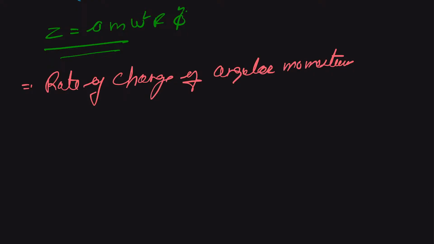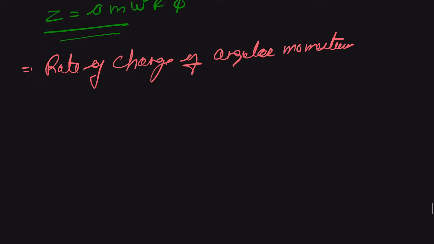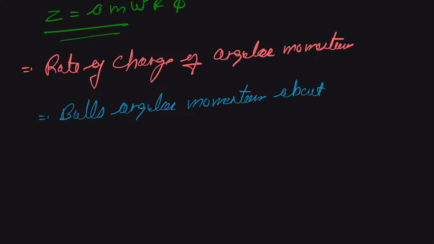We know that the ball's angular momentum about its center, that is our L, will equal moment of inertia times the angular velocity of the ball, and this comes as our I, and omega ball we have already calculated.